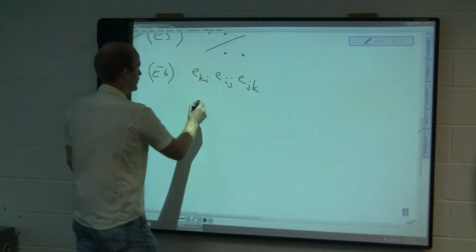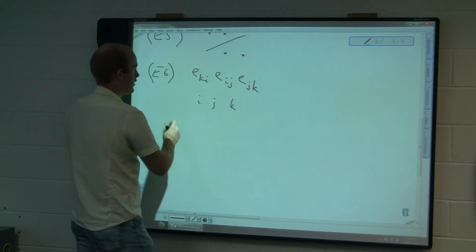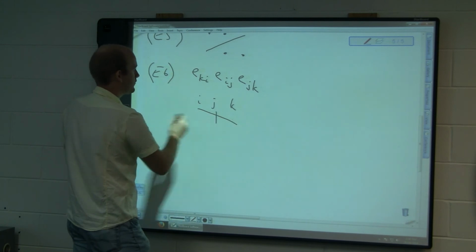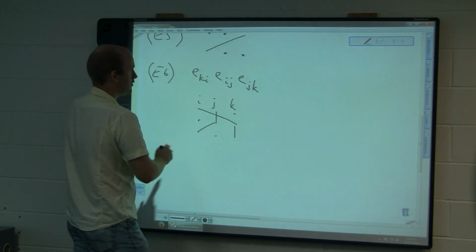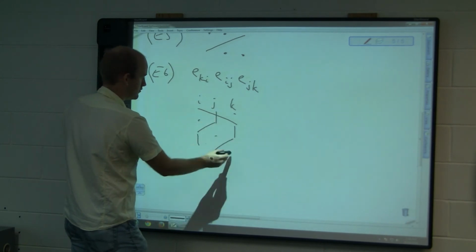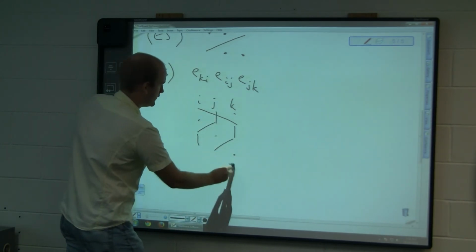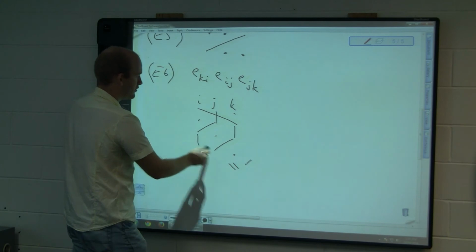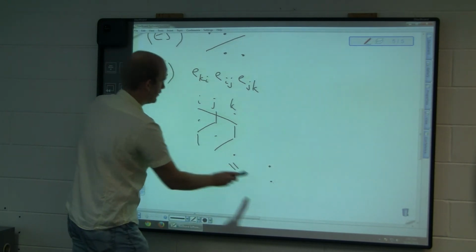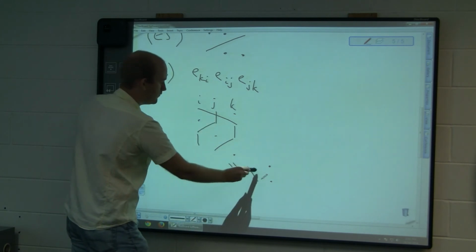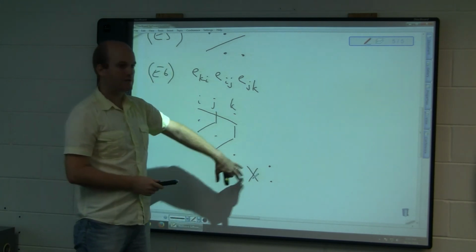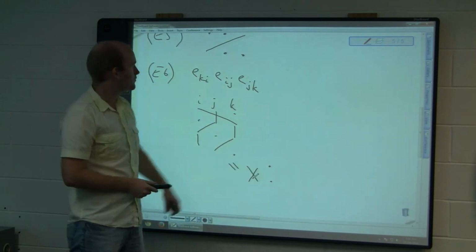What do we get for this one? So i, j, k. Ki means that, ij means that, and then jk means that. So what do we get? Well, the net effect of this is that k goes nowhere, i goes to j, and j goes to i. So this is one of these transpositions with a point missing that we looked at before.